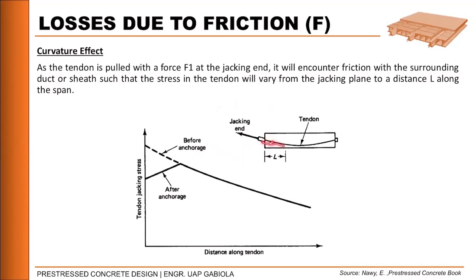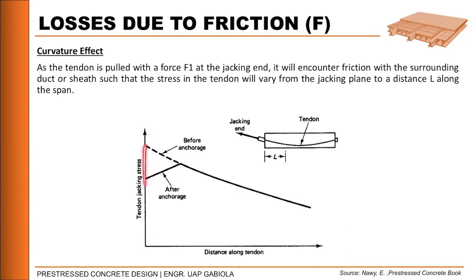habang lumalayo tayo doon, makikita natin na dito yung losses natin, yung friction losses, yung friction value natin is mas maliit na siya, no? Kaya kung makikita nyo dito sa graph natin, dito sa end o yung distance along the tendon, makikita natin mas sudden yung decrease in jacking stress or jacking force natin.